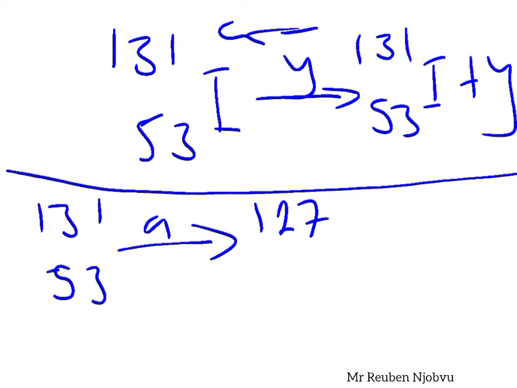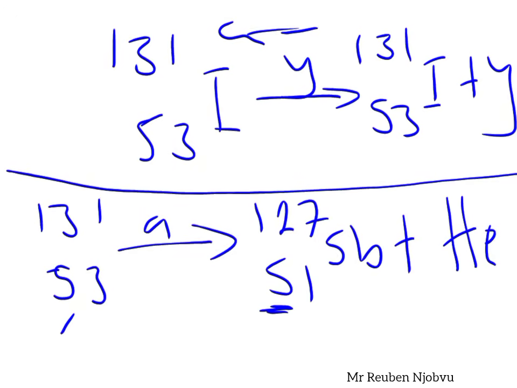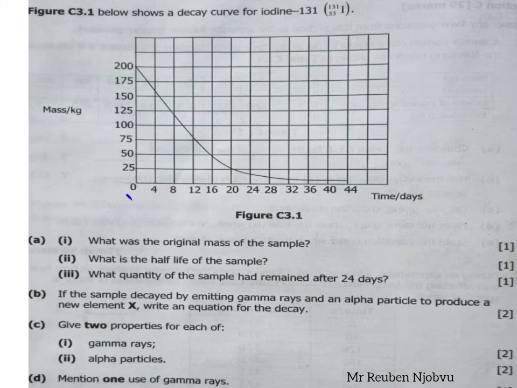Then the number down here is supposed to be reduced by 2. So 53 minus 2, you get what? 51. Then you go on the periodic table. Which element has got the proton number of 51? On the periodic table, it's antimony, which is Sb. Then you write plus helium in nature. So this is the equation for alpha.